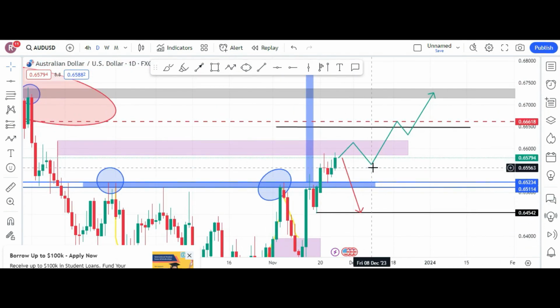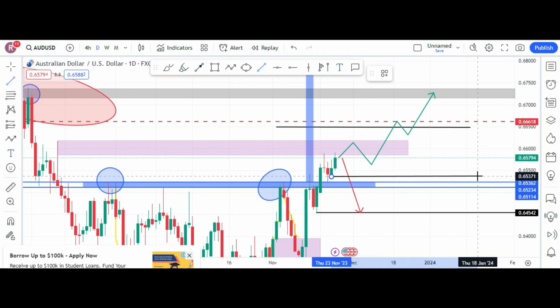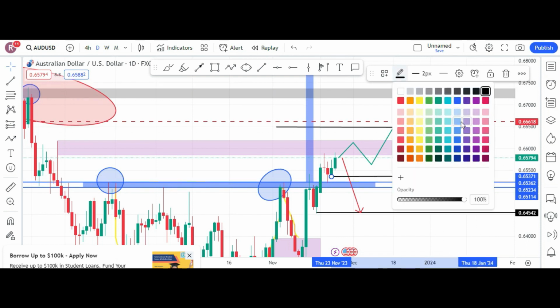So wait, let's see if it breaks, to take a trade. If I do take a trade, how should I take a trade here? Hold on, let me see. If I take a trade, I will take the trade here. So to assign the trade, what color can we use?